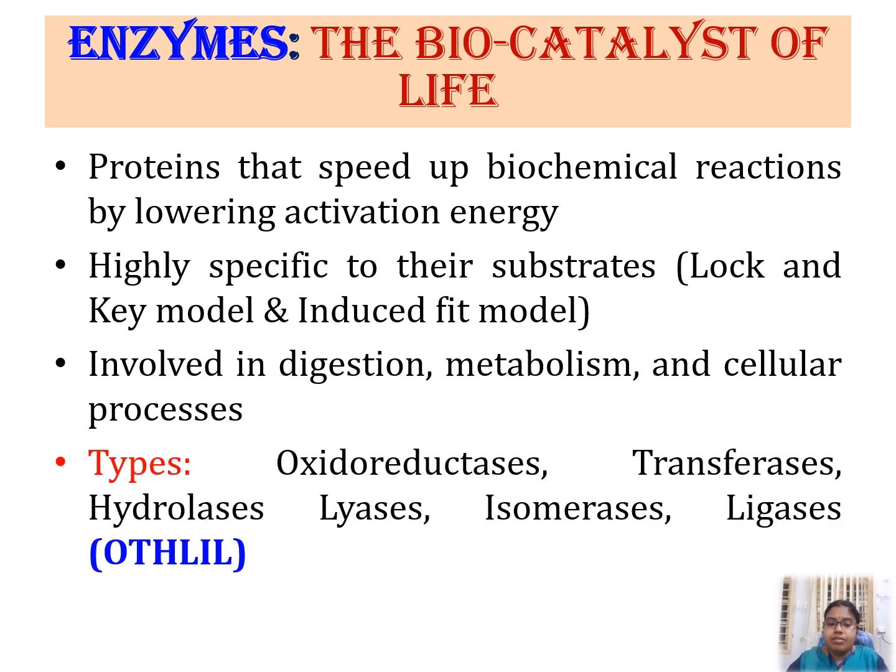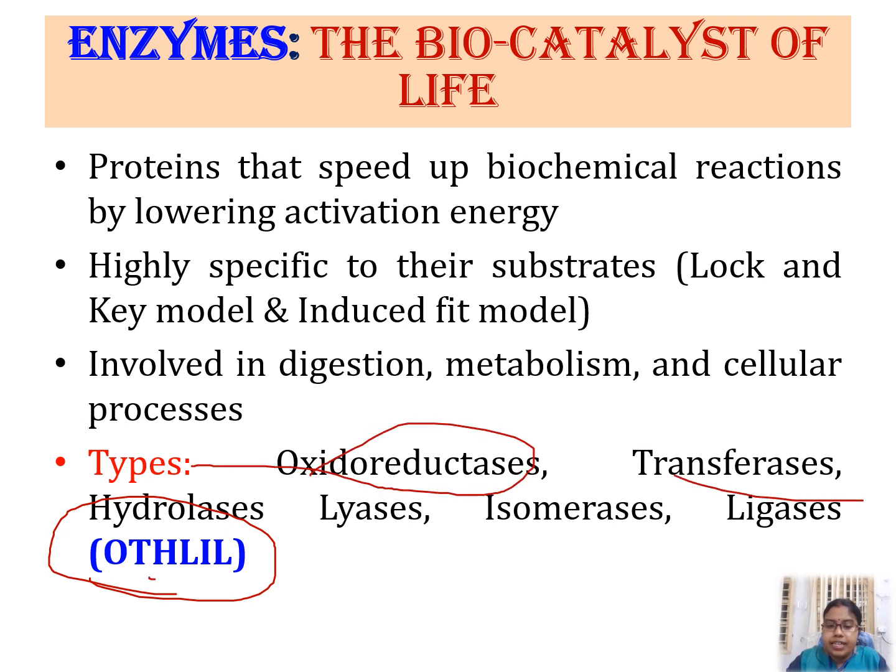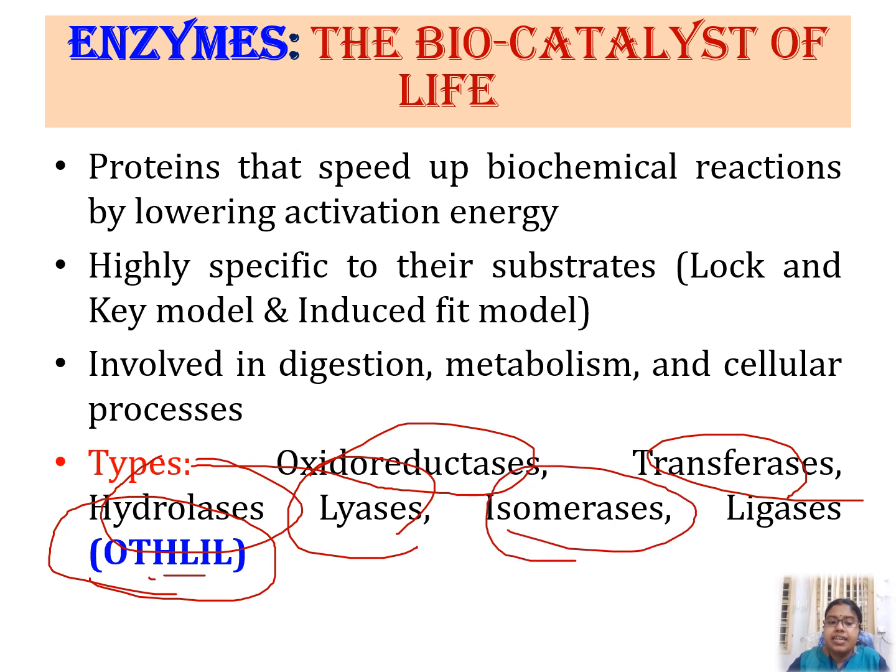The enzymes also have different classifications. In short, we can remember it as OTHLIL. O for oxidoreductase, T for transferase, H for hydrolase, L for lyase, I for isomerase, and again L for ligase.